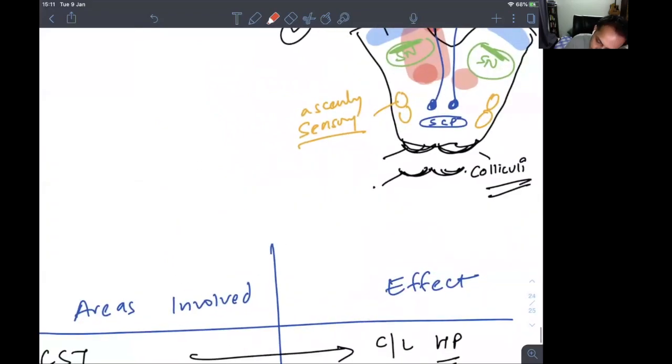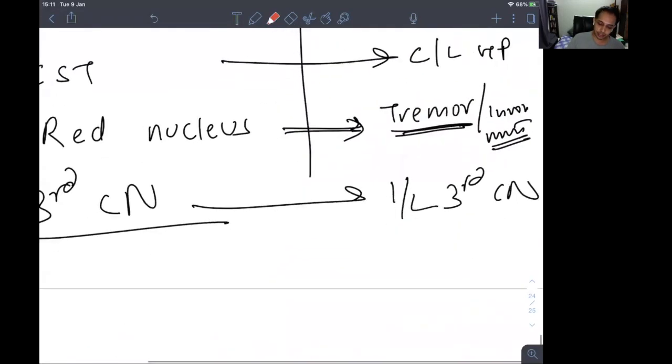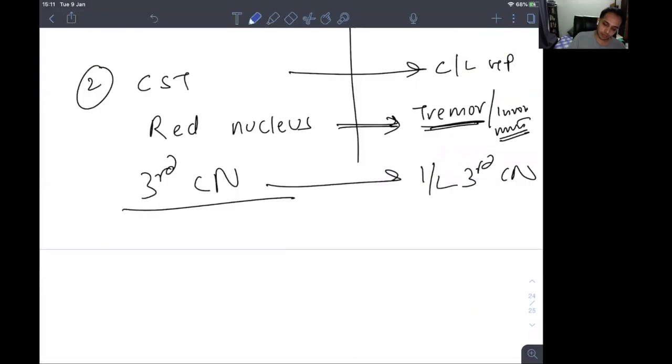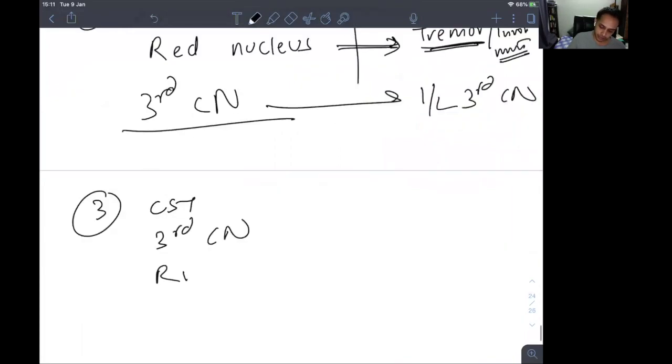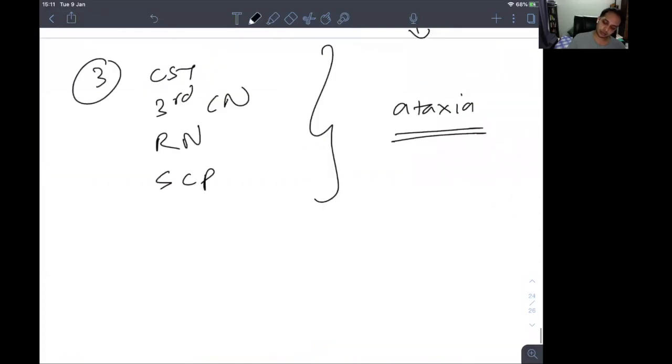If there is a lesion involving the superior cerebellar peduncle, then you can have ataxia. You can have corticospinal tract involvement, third cranial nerve involvement, red nucleus involvement, and superior cerebellar peduncle involvement. So you can have all of this plus ataxia. And this is known as Claude syndrome.